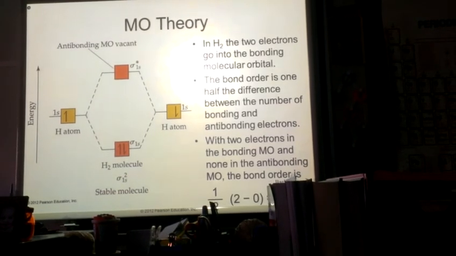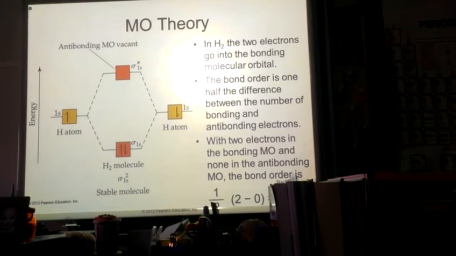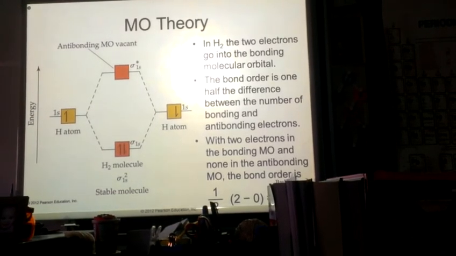If you want to draw a molecular orbital, let's say, for example, we want to draw it for the hydrogen molecule. I know that I'm going to have a hydrogen atom, and that's going to interact with another hydrogen atom. Looking at my periodic table, I know that hydrogen has one electron.